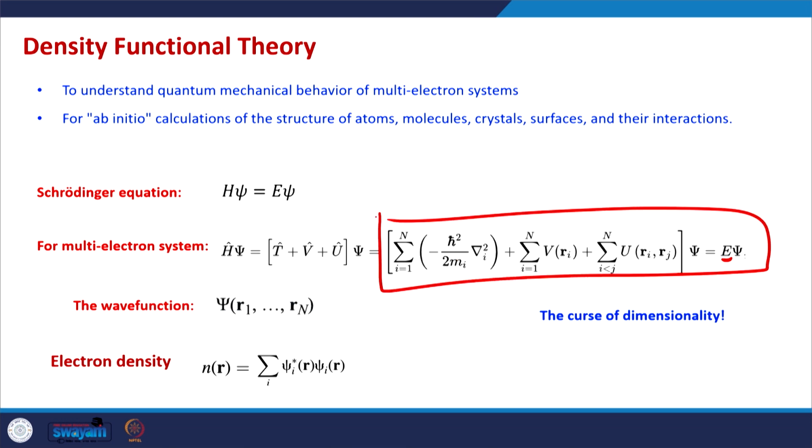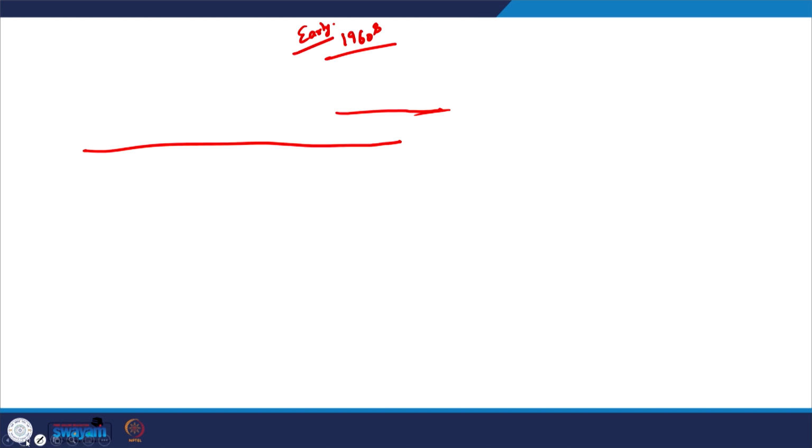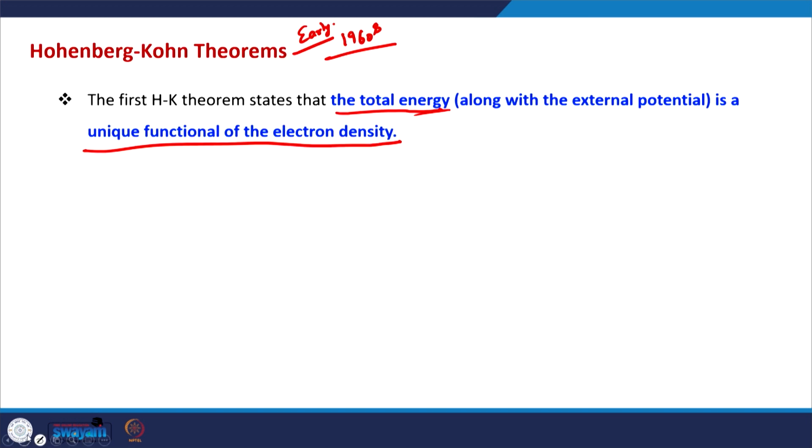But what the HK theorem says is that this energy of the system is a unique functional of the electron density. So we can somehow calculate the energy from the electron density.